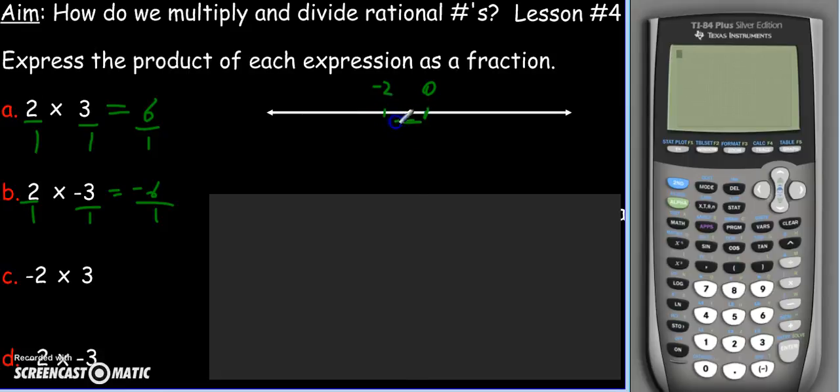So we have a direction of negative 2 already, and we're going to have 3 of those. 1, 2, 3, negative 6. So when you multiply by a positive number, you're adding it to itself multiple times. If you multiply by a negative number, you reverse it and then multiply it by that many times. So this is negative 6 over 1, same thing.